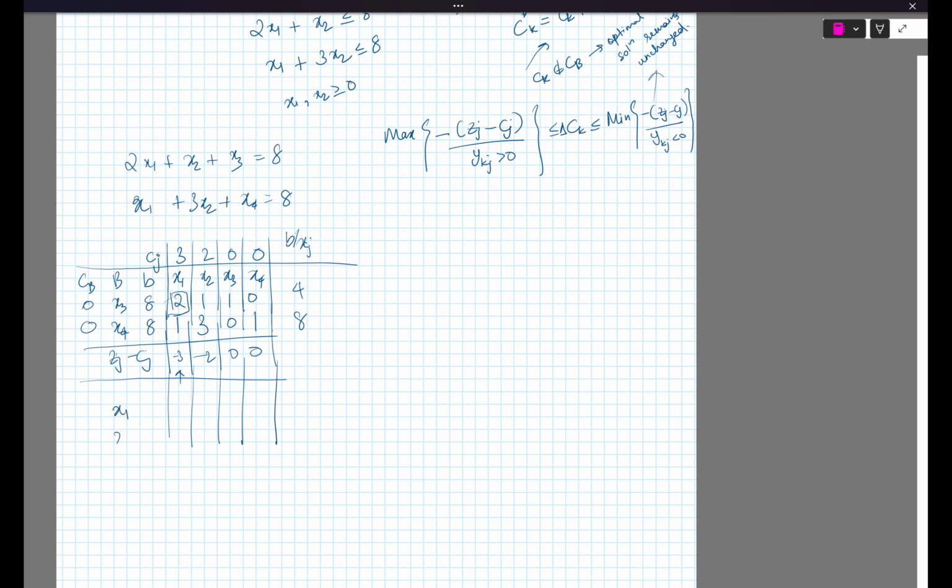So x1 has entered, x3 left, x4 is here. 3, 0, 4, 1 by 2, 1 by 2, 0. 8 minus 4 is 4, 1 minus 1 is 0, 3 minus half is 5 by 2.